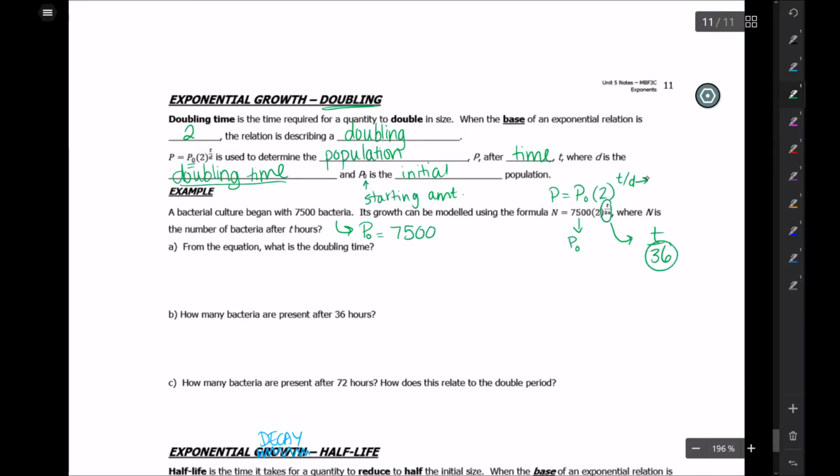So our doubling time is D always, and D equals 36, and it's in hours. So we know that every 36 hours, the bacteria is doubling. Okay, so we're going to say every 36 hours, the bacteria doubles.